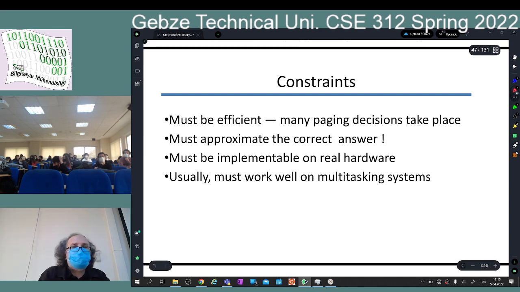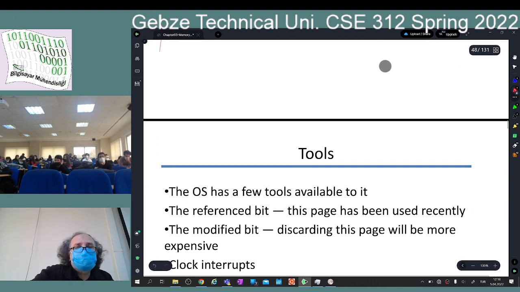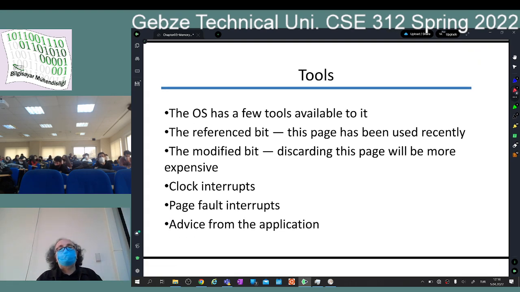And usually it must work well on multitasking systems. That means don't assume that you have a single process only. You will have more than one process most of the time. So these are the constraints. We will keep these in mind. And while we are making a decision about which page to replace, these are the tools that are available for us.